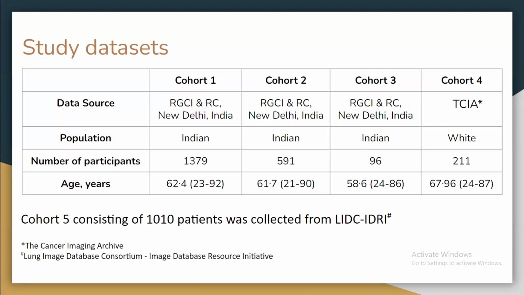The mean age was 58 years. The fourth cohort were all whites for comparison, 211 patients. The mean age is 67.96. Cohort 5, again white and Chinese, 1000 plus patients, which we took from the internet.